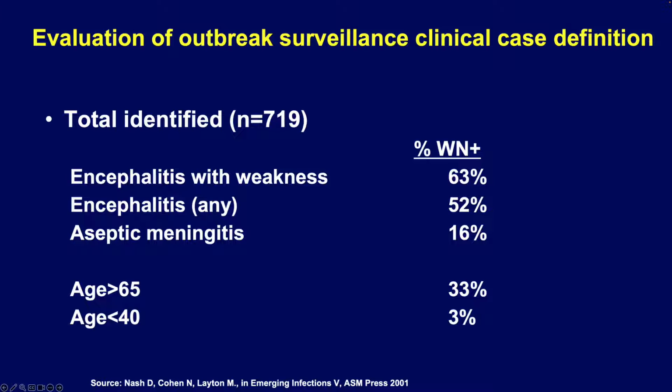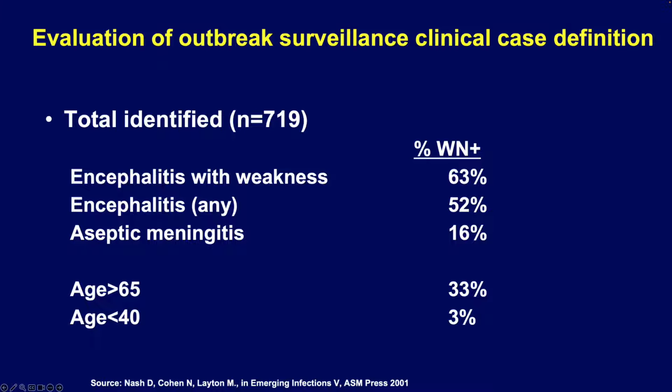And what we concluded was that focusing more on encephalitis cases rather than meningitis cases would result in a much higher hit rate. And also in the lower part of the table, we concluded that focusing on younger persons that met our case definition didn't really yield that many cases, but focusing on older persons did. So this helped us refine the case definition for future surveillance for West Nile virus to make it more efficient.